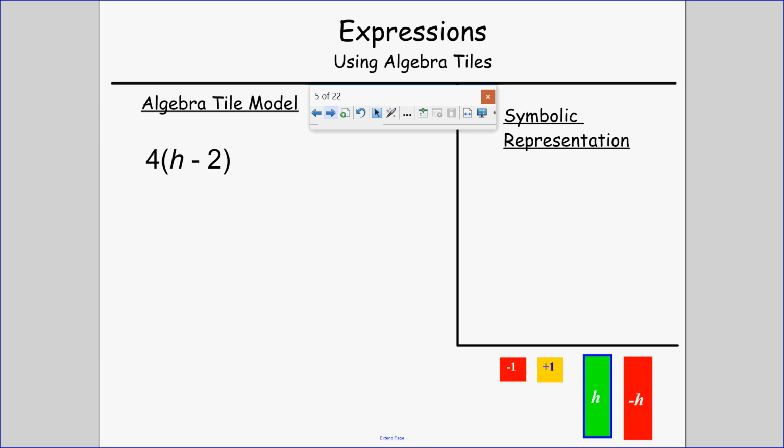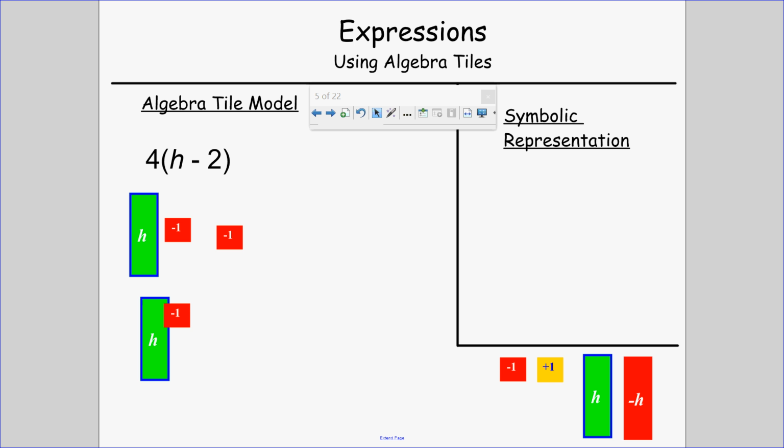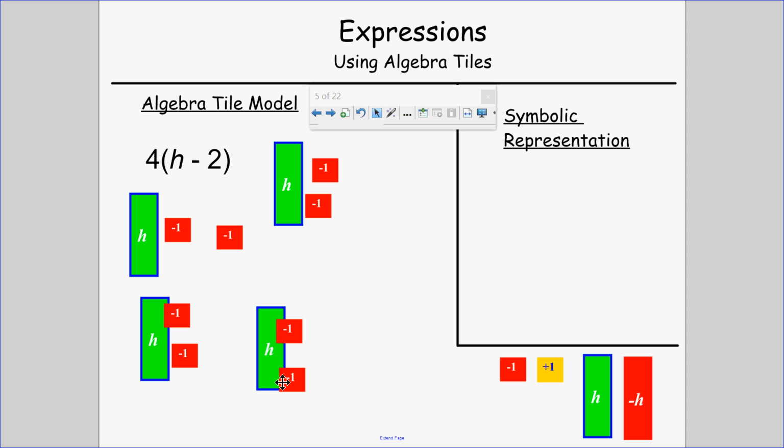Next one. What is 4 groups of the difference of H and 2? So we have H minus 2, but we need 4 groups of the quantity H minus 2. So here's H minus 2, H minus 2. Is that 4 groups? Yes, it is. So how many variables of H do you see?